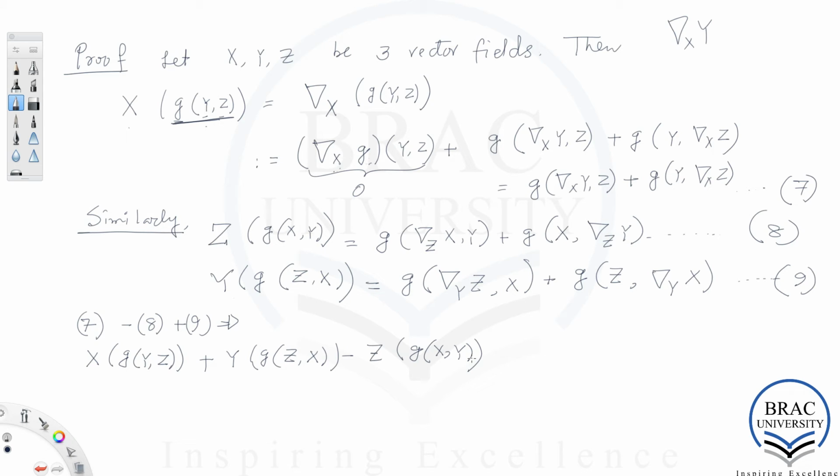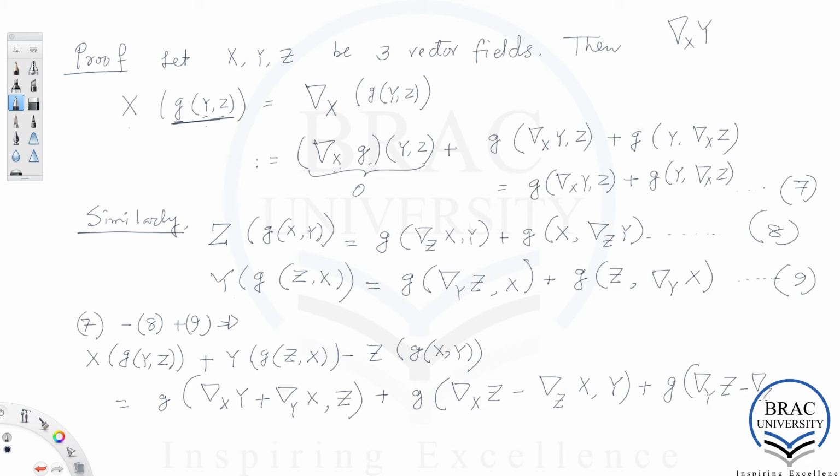You do some manipulation, also using the properties of a connection listed in the beginning of the first segment, to get the following: g(nabla_x y plus nabla_y x, z) plus g(nabla_x z minus nabla_z x, y) plus g(nabla_y z minus nabla_z y, x). Okay, so let me erase this top part.